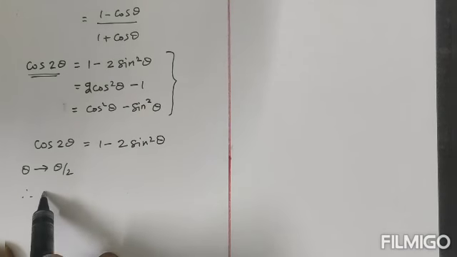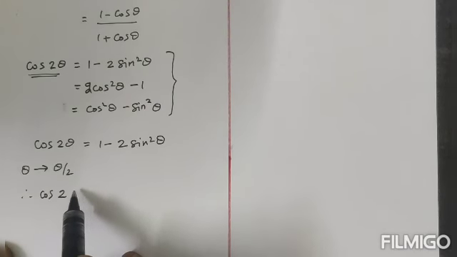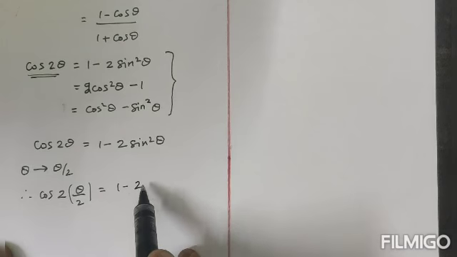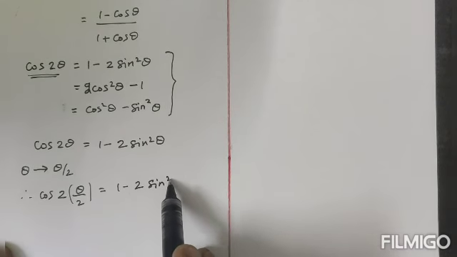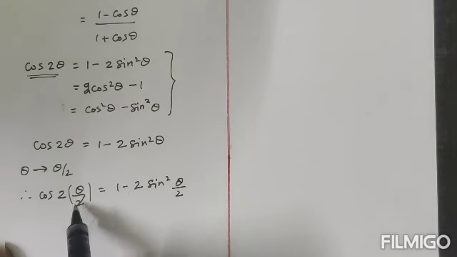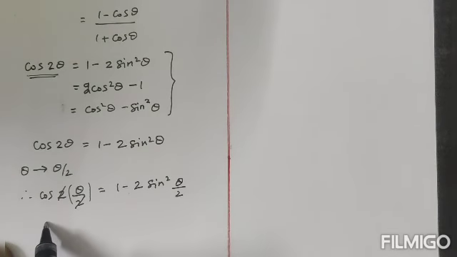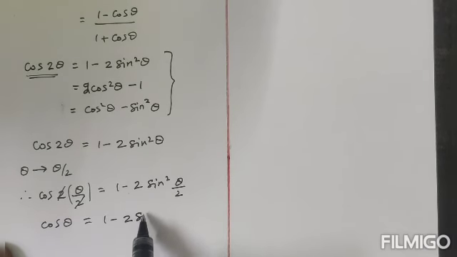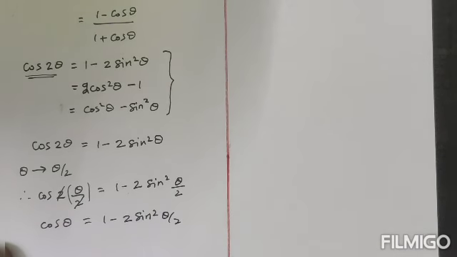Therefore I can write cos 2 into theta by 2 equals 1 minus 2 sin square theta by 2. Here 2 will be cancelled. So I can write cos theta is equal to 1 minus 2 sin squared theta by 2.